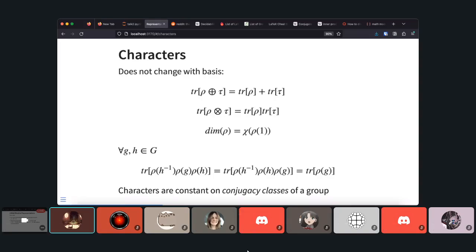So you can bring rho H inverse back from the end to the front, and then rho H inverse is just the identity.